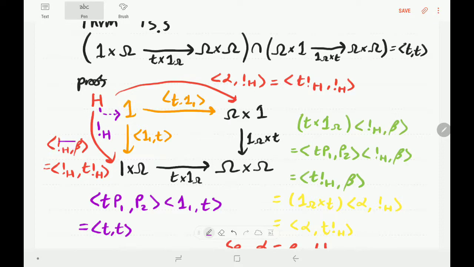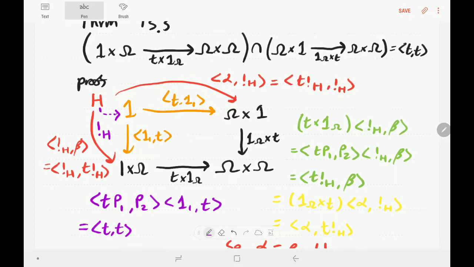the first component has to be this arrow to the terminal object. If the second one is beta, then we have to have that beta equals t after the arrow to the terminal object, and similarly this upper arrow here is also a swapped round version. It's t exclamation mark h comma exclamation mark h.